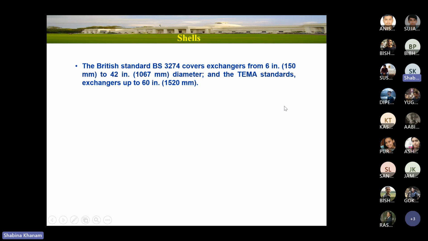TEMA is basically Tubular Exchanger Manufacturers Association. Okay, this is the US standard. So this TEMA is very common as far as design of shell and tube heat exchangers is concerned.